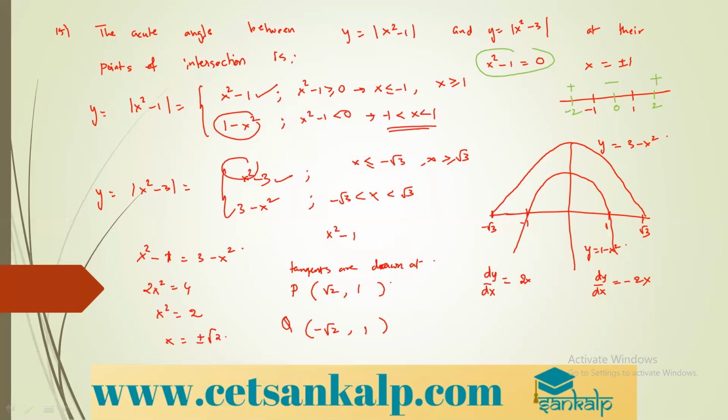So if you take point P, what will be m1? 2 root 2. And what will be m2? Minus 2 root 2.